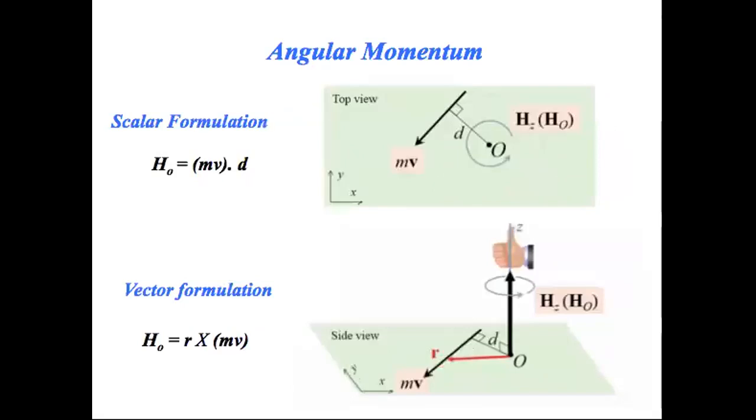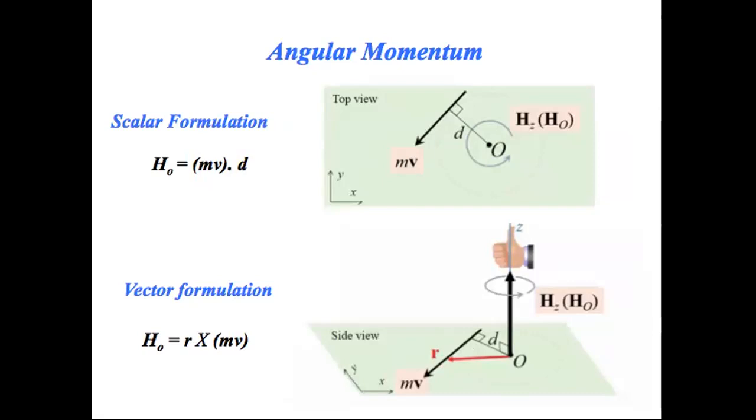Now we are going to introduce angular momentum in a very similar way. In this slide, instead of the force vector, we use the linear momentum vector, which is mass multiplied by the velocity vector.